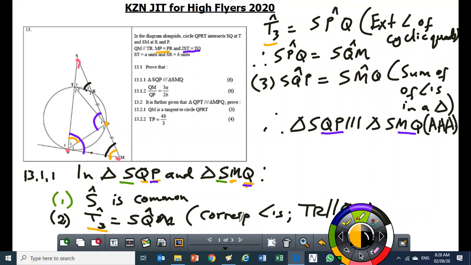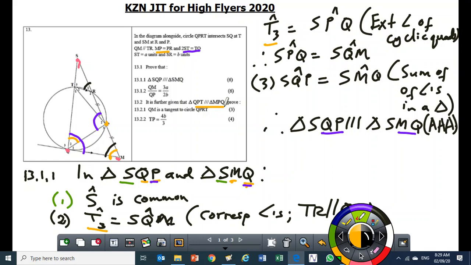So, if we are told that these two triangles are similar, it means their corresponding angles will be what? Will be equal. Okay? So, if you are told that QM is the tangent to circle QPRT, this is QM, that's QPRT.